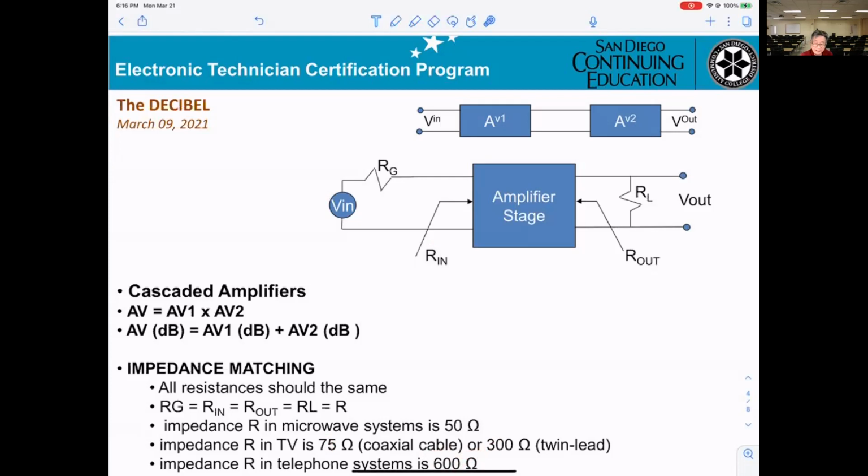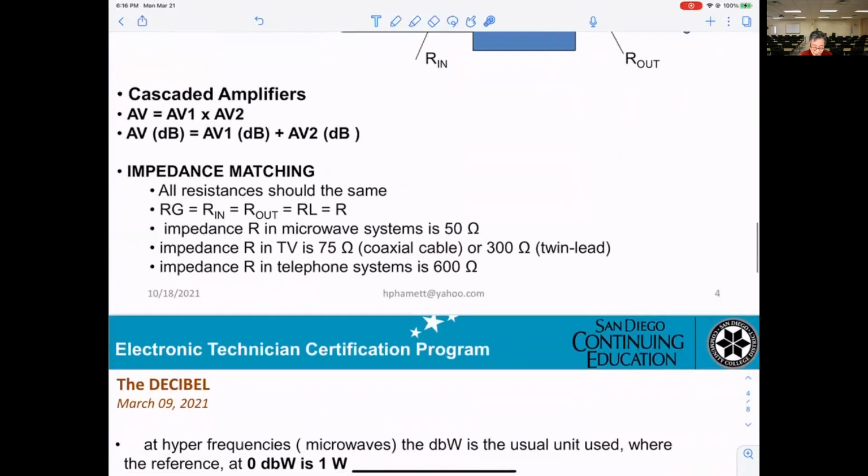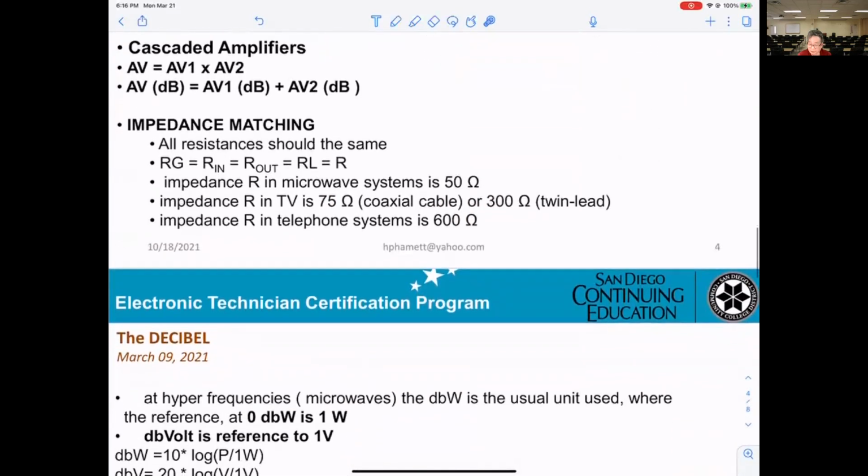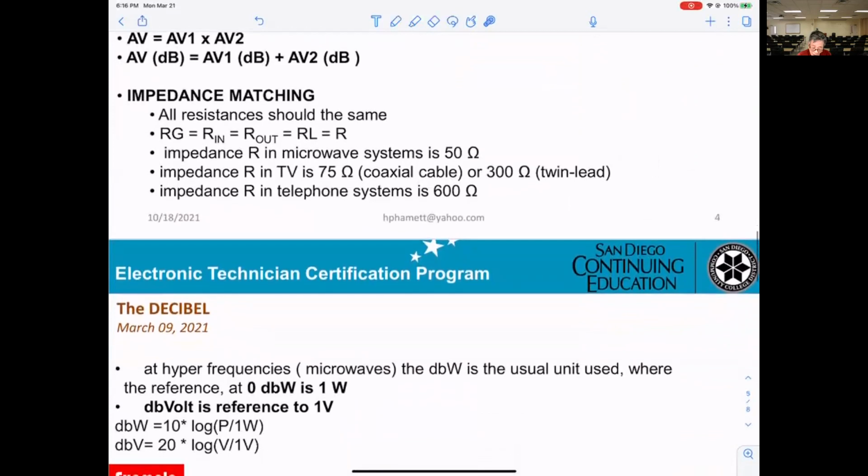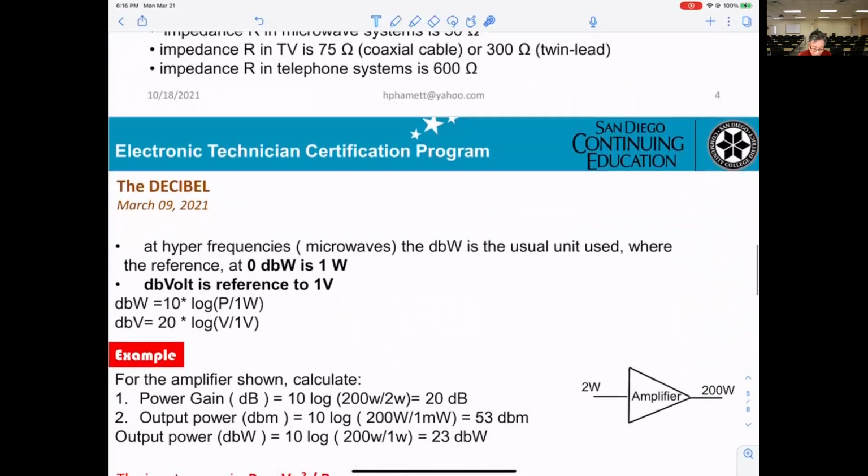So they already fit the value. When you connect your TV and the cable, they will be 75 ohm or 300 ohm. The thing is they will be matching impedance, so you don't lose the signal.